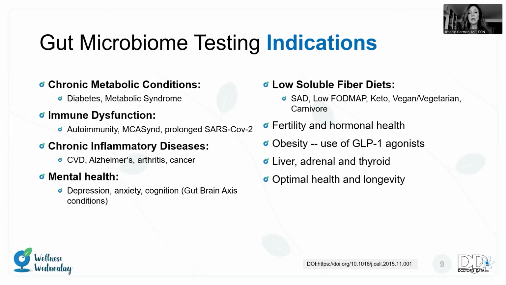So standard American diet, low FODMAP, keto, vegetarian, carnivore, any of these patients are most likely going to be experiencing some level of dysbiosis or imbalance with their microbiome, and who knows, maybe more. Any fertility or hormonal patients, obesity patients, especially those on the GLP-1 agonists, liver, adrenal, thyroid patients, and of course, any patient interested in overall wellness, optimal health.